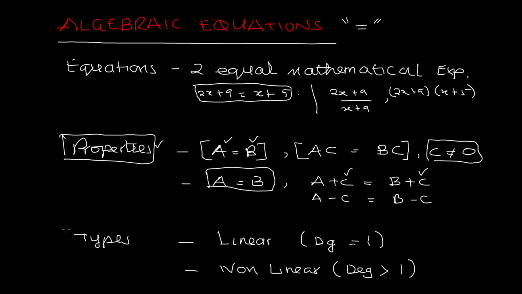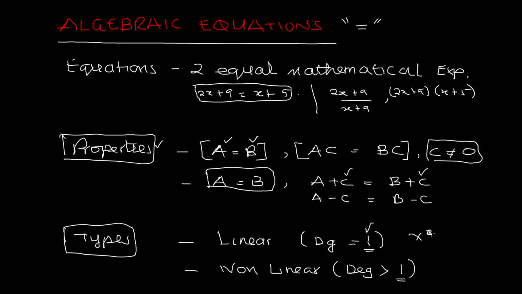And so we have two main types of equations. You can have linear equations, where you have a degree of 1, and then non-linear, where you have a degree that is more than 1. So for example, I can have a quadratic equation.